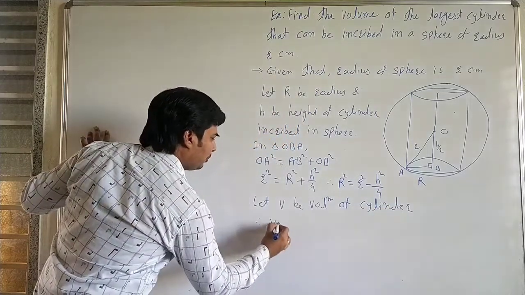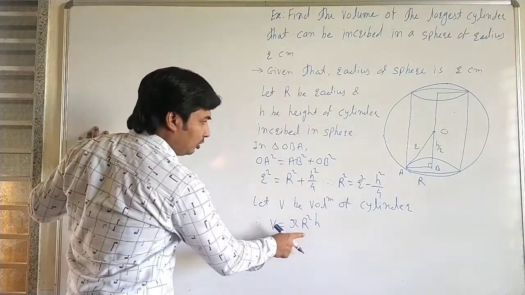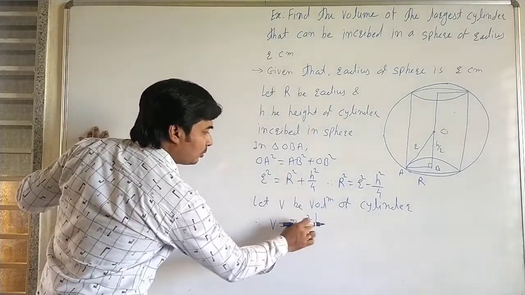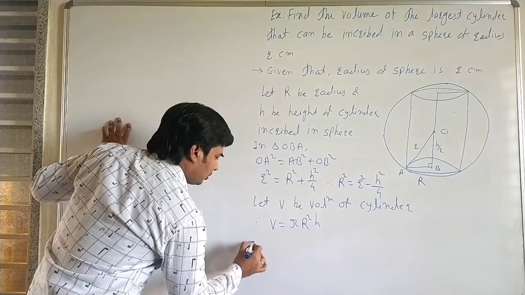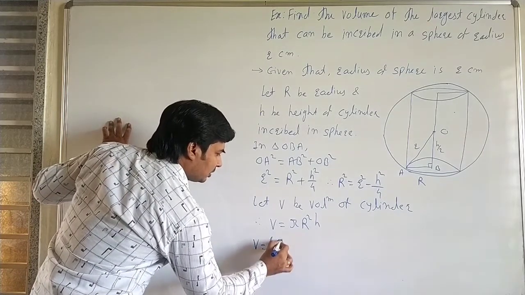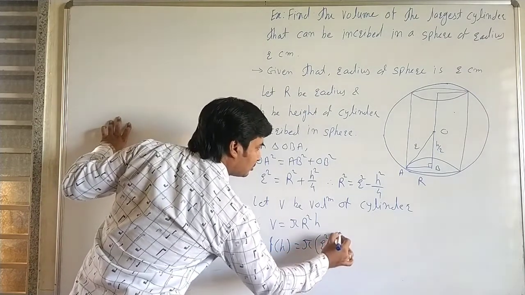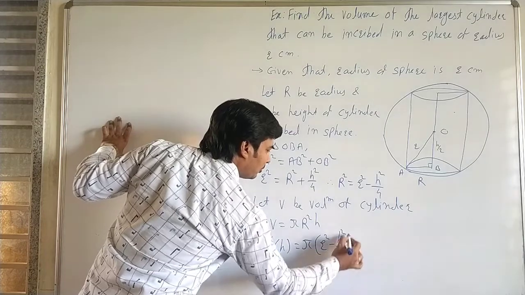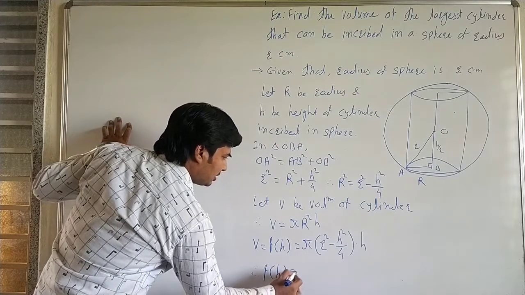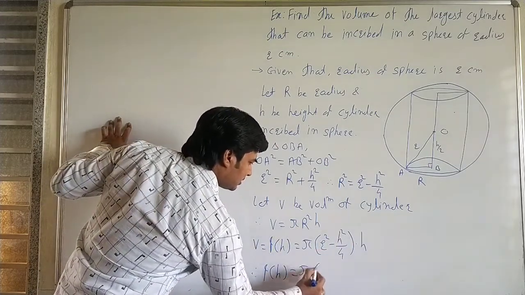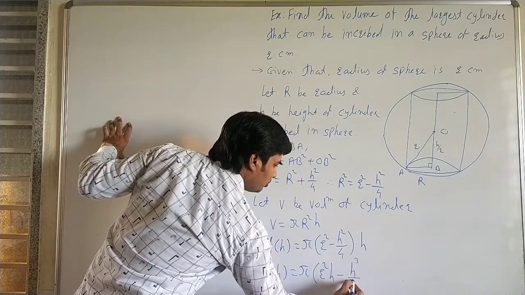Therefore phi is equal to pi R square H, and then put the value of R square, so phi in terms of only H. Phi is equal to f of H, which is pi into r square minus H square by 4 into H, and therefore f of H is equal to pi times r square H minus H cube by 4.